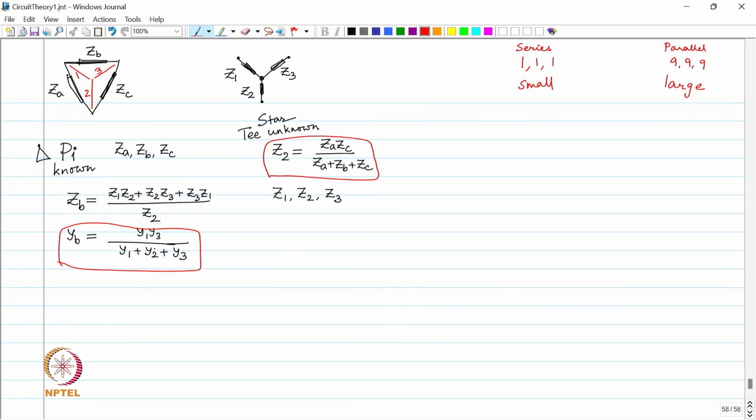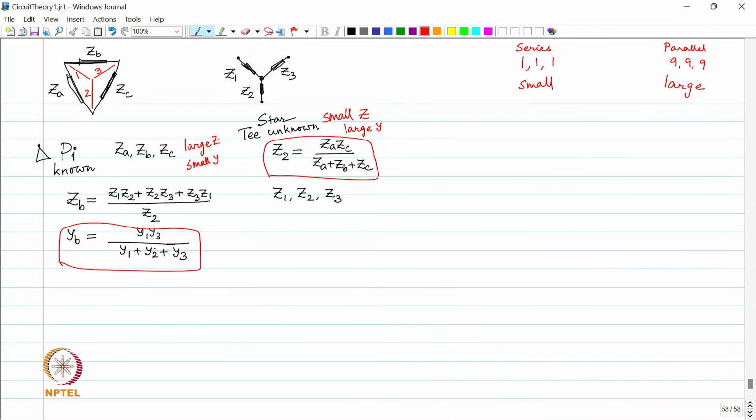So, in the star network, you expect large or small resistors? Small. And in the pi network, you expect large resistors. Okay. In the pi network, you expect small conductances, and in the T network, you expect large conductances.